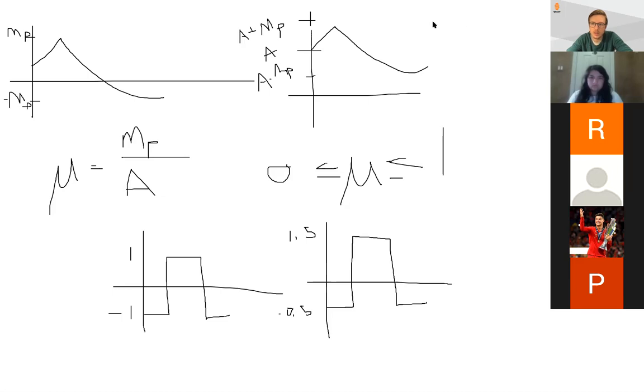We could see then that if we were to modulate this, we'd have this envelope that goes down to here.